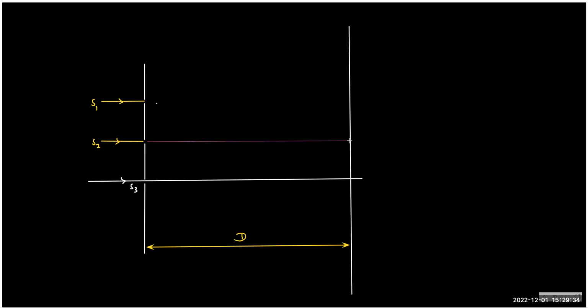Yes, sir. Fair enough. So who can reach fastest here? S2 only, right? Because S2 has to travel the least. Yes, sir.